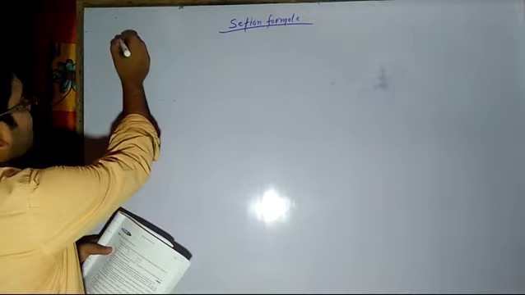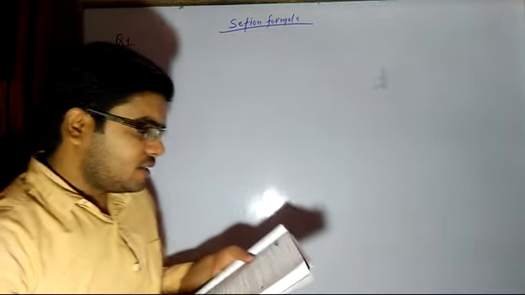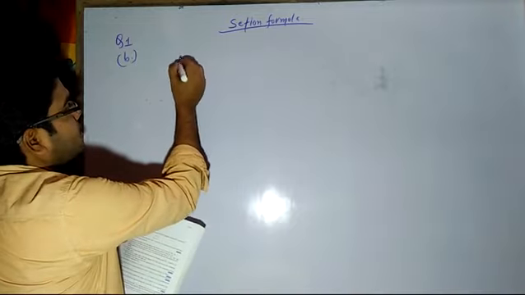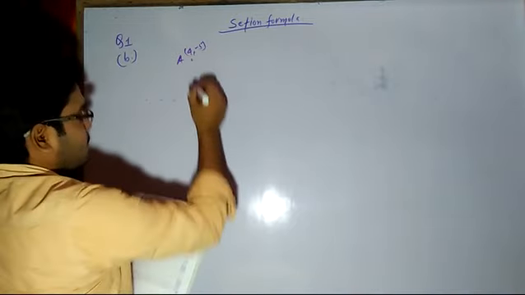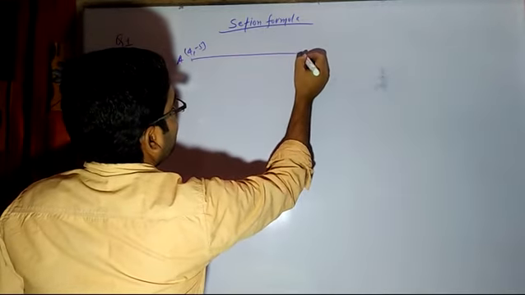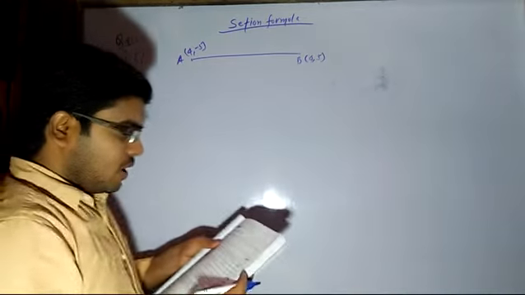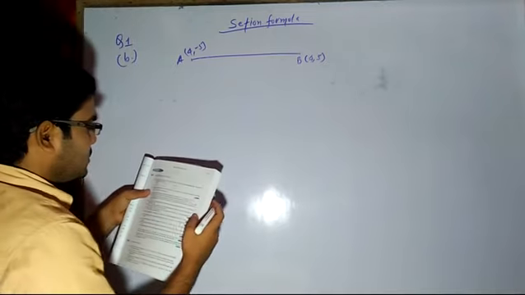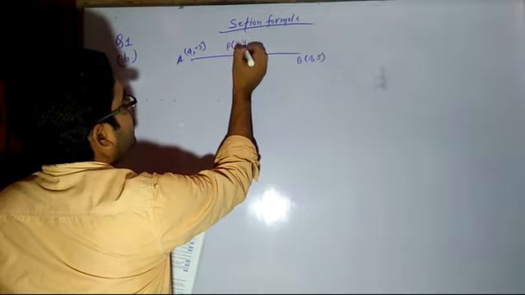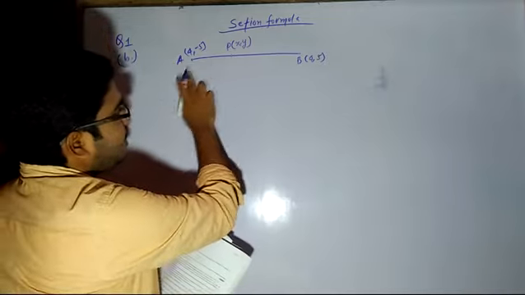Now, question number 1, sub part B, as you can see, the line segment joining the points A (4, -5) and B (4, 5) is divided by the point P, and let us take its coordinates as x, y, such that AP is to AB is 2 is to 5.